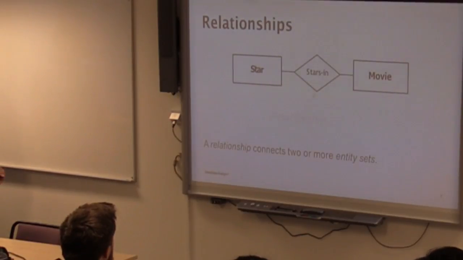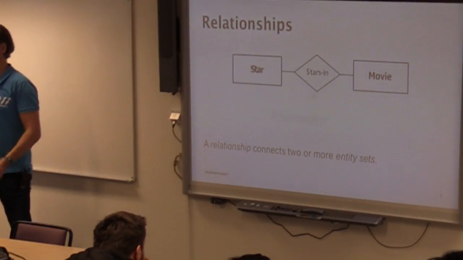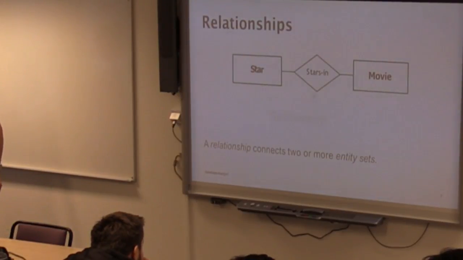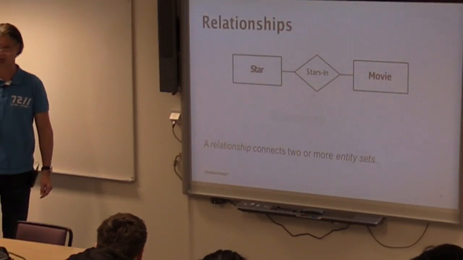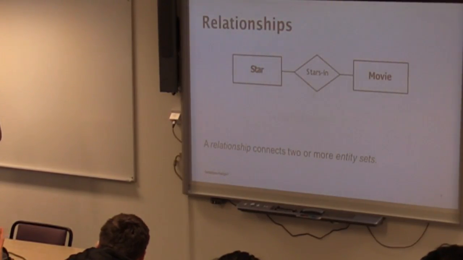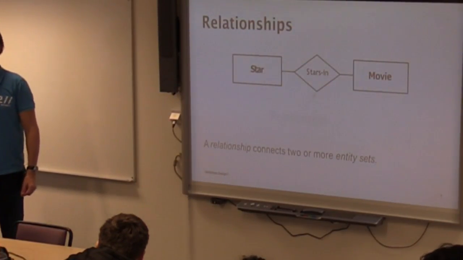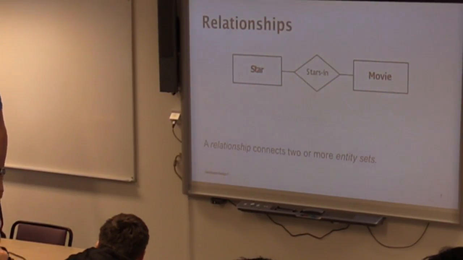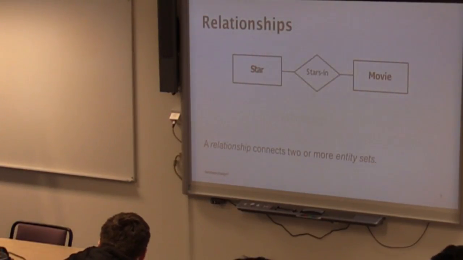And when you have found those entities and those attributes, you have drawn your boxes, then you try to find the relationship between those entities. And for those of you who are programmers in here, an entity is a class, and the relationship here is an association, if you are a UML guy.